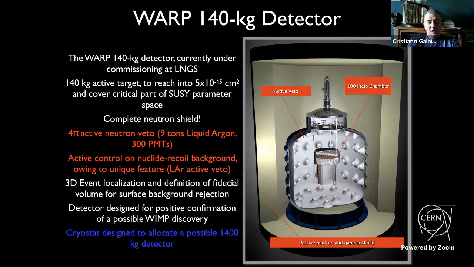So this was the early WARP detector that had been built around 2008 in Gran Sasso. It was operating with a chamber of 150 kilograms with regular argon and had a cryostat designed to eventually house a detector that could possibly go to 1.4 tons.